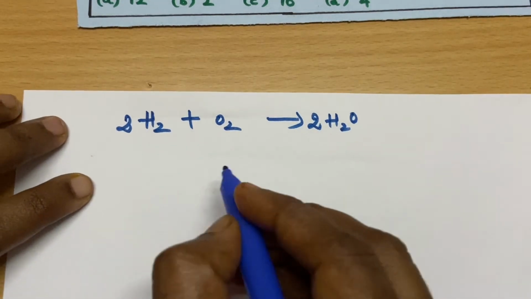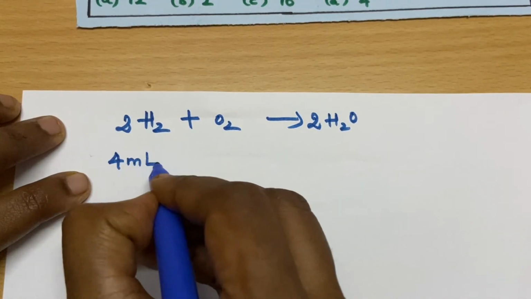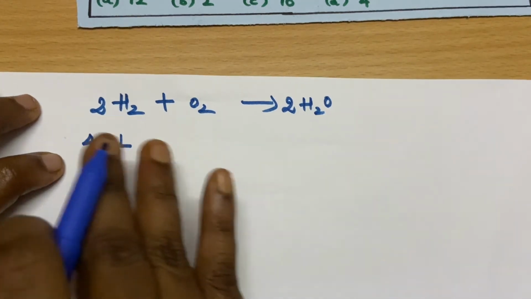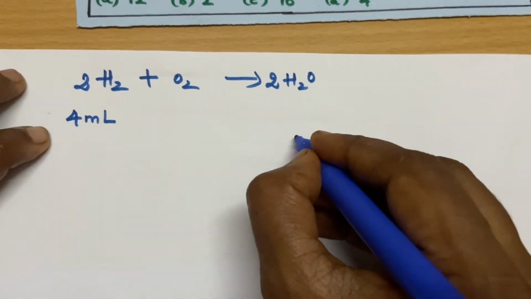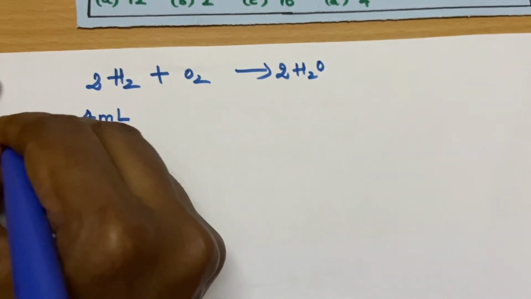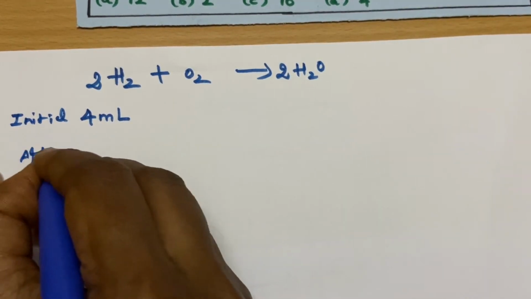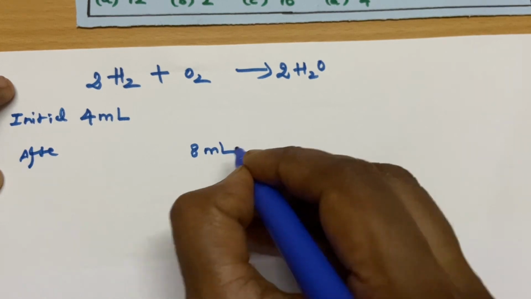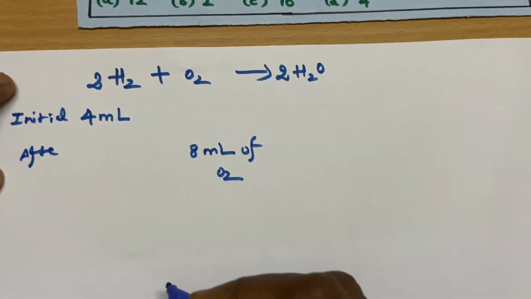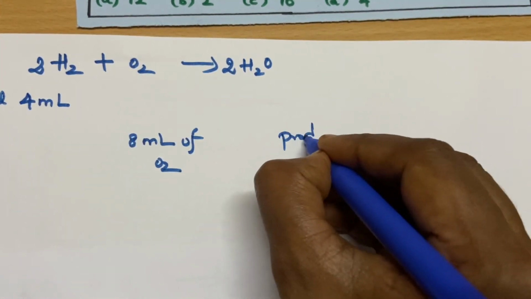So what they are telling is they took 4 ml of hydrogen. After the reaction, this is the initial, and after the reaction they got 8 ml of unconsumed oxygen, and product.